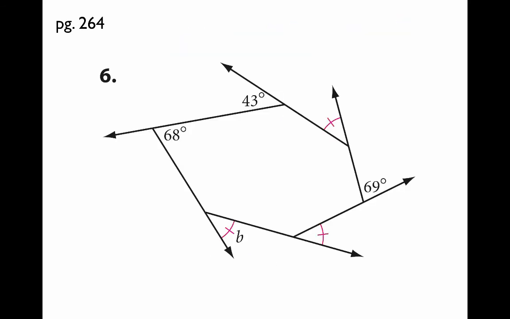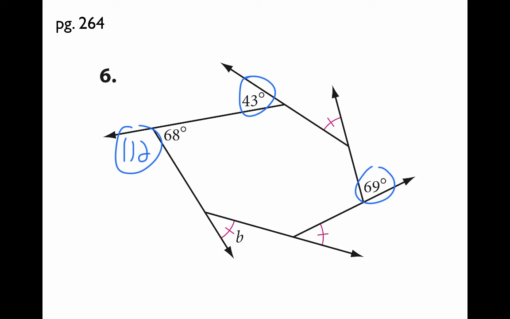Finally, number 6, we should have these exterior angles and a missing one here. We've got a missing angle of 180, take away 68 is 112. So we've got some exterior angles that we know, and they should all add up to 360. So we're going to subtract those angles from 360.